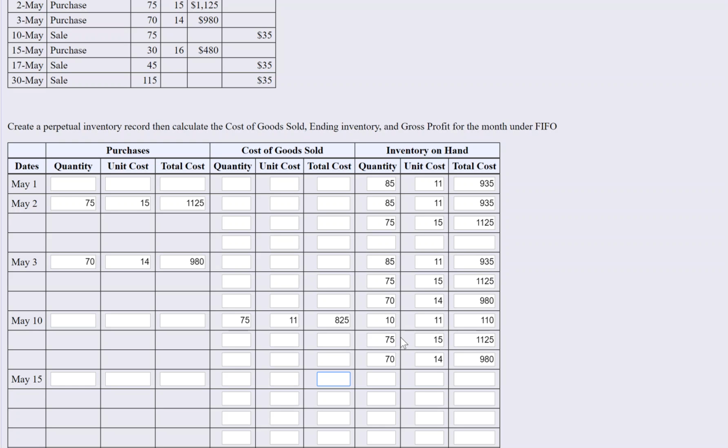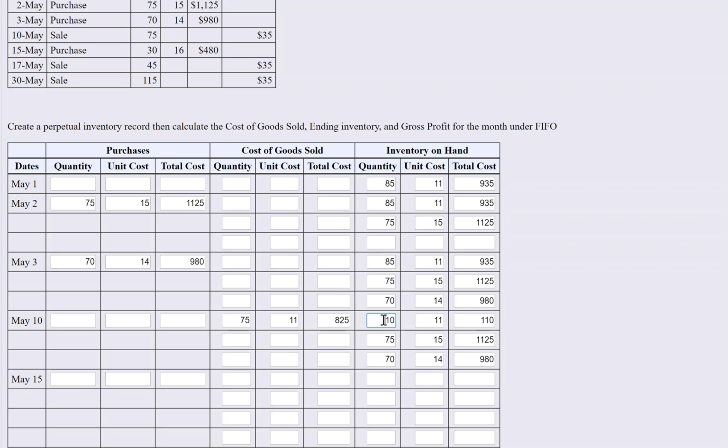That will go on my income statement as revenue. And then I need to take it out of my inventory. So I will credit inventory $825 and debit my cost of goods sold $825. This is why it's so important that we can figure out this number.